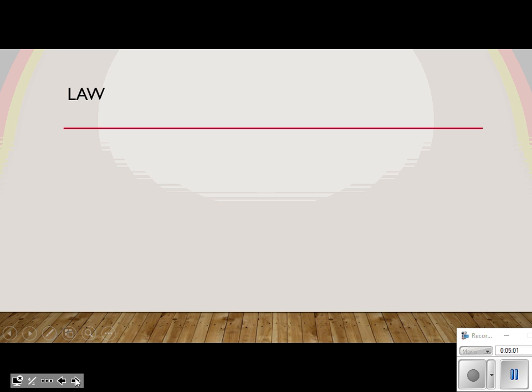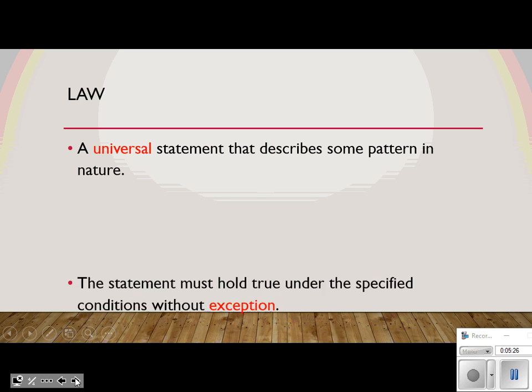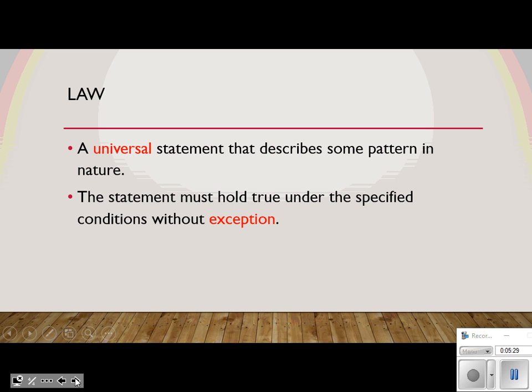Now, how does that compare to a scientific law? Okay. How does a theory compare to a scientific law? Well, a scientific law is a universal statement that describes a pattern in nature. This statement must hold true under the specific conditions without exception.